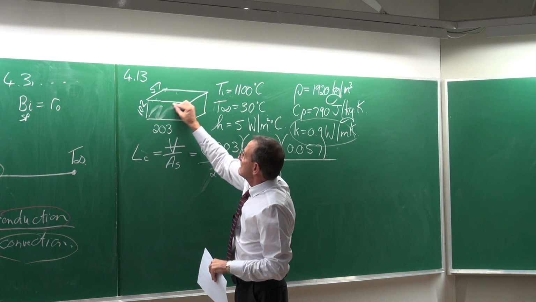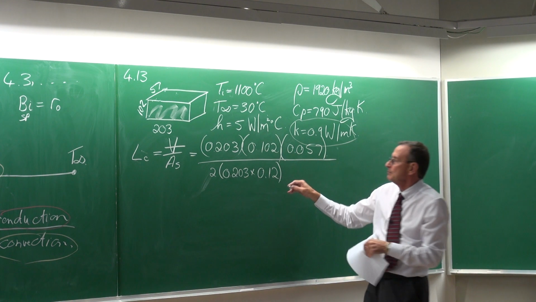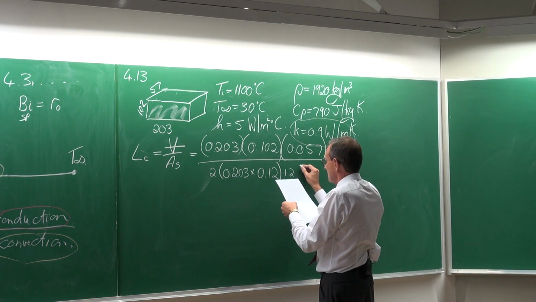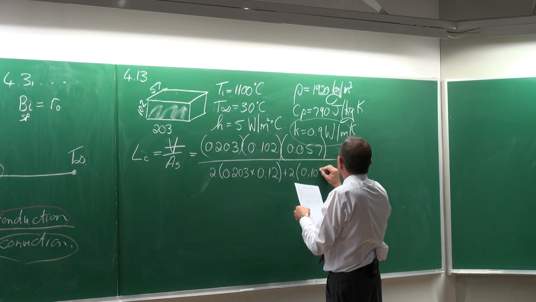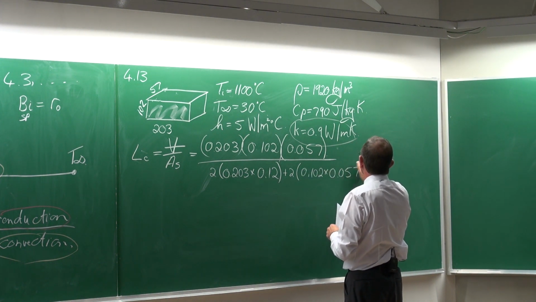So it is this area on this side as well as on the other side, 2 of them, plus 2 times 0.102 multiplied by 0.057.